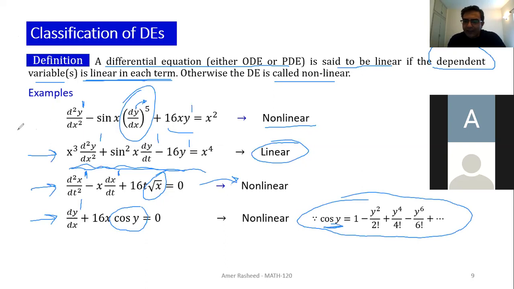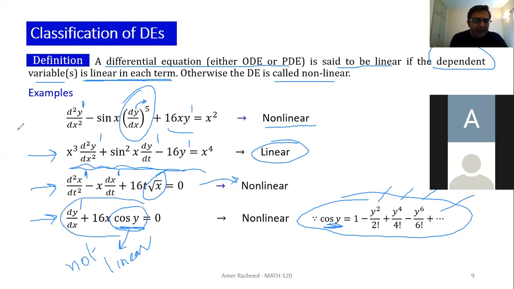Now cos y involves power 2, power 4, and power 6, and so on. So this cos y is not a linear function. So this differential equation as a whole is now non-linear.